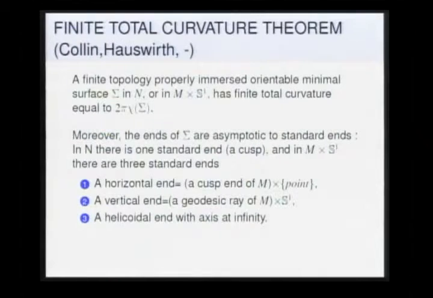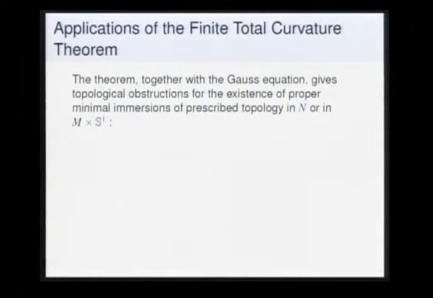Understand what's going on. So let me just give some applications, first of all, of this finite total curvature theorem. Here's the theorem. A finite topology properly immersed surface in N has finite total curvature equal to 2 pi times the Euler characteristic. So some applications of that. When you look at this theorem with the Gauss equation, it gives topological obstructions for the existence of proper minimal immersions.